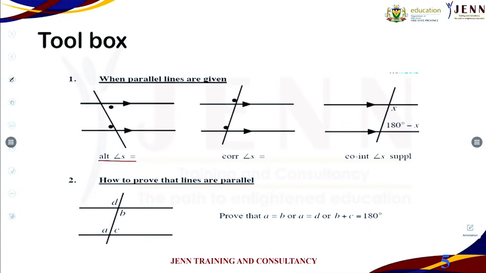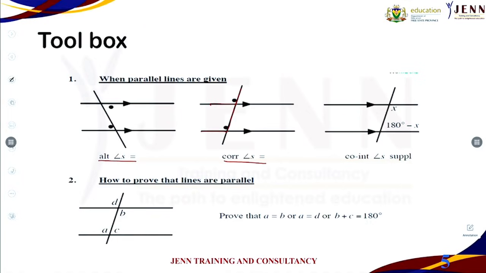You see that this angle and that angle are alternating angles. And also, whenever we are given parallel lines, we know that corresponding angles are equal. Corresponding angles, we normally say they form an F shape. So that simply means they lie between two parallel lines. Therefore, this angle and that angle are equal.